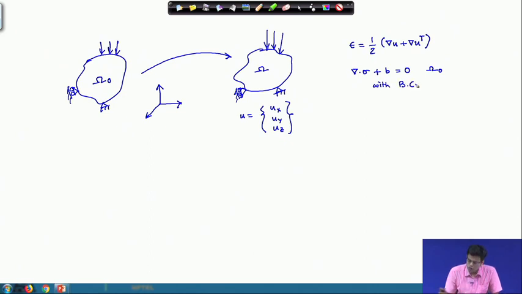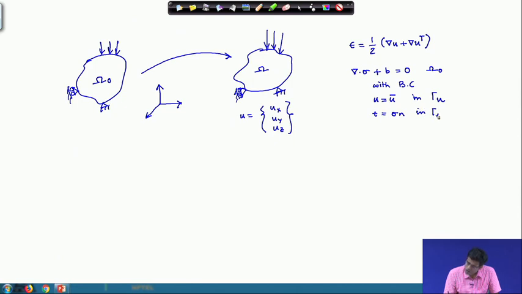The boundary condition could be a traction boundary condition. If you remember, boundary condition can be given in terms of some displacement, also known as Dirichlet boundary, and traction or sigma n in the traction boundary.